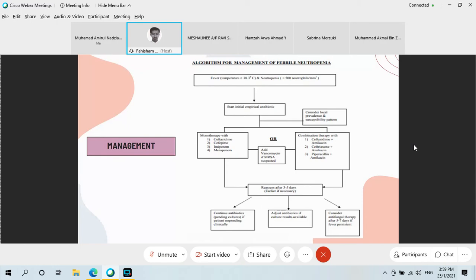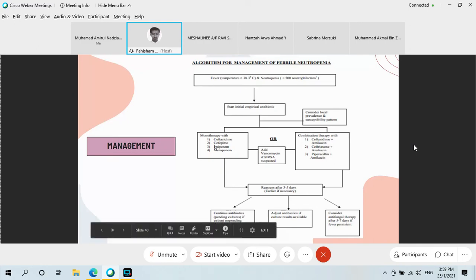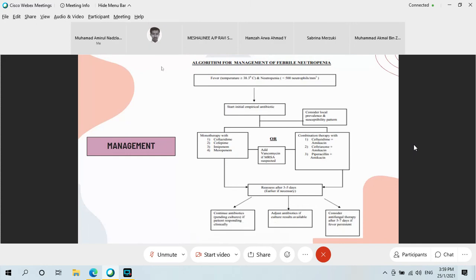But ideally, you should combine gram-positive and gram-negative cover. Ceftazidime and amikacin would be okay, and if you find resistance, then you tailor accordingly. It's not monotherapy. I don't know where you took this from, so it's wrong. You should combine it. Okay, thank you.